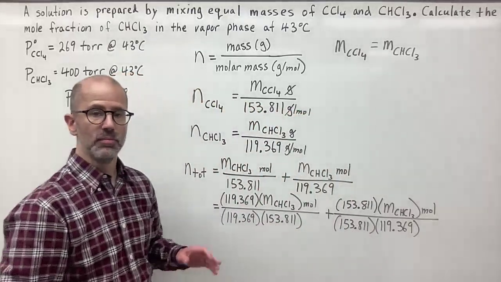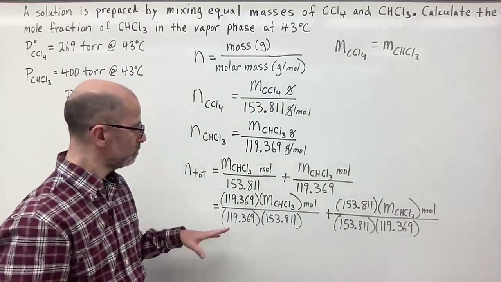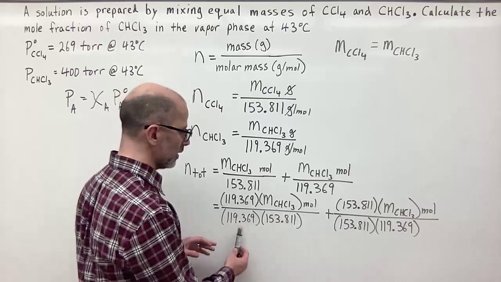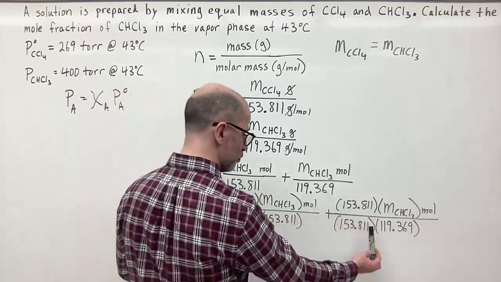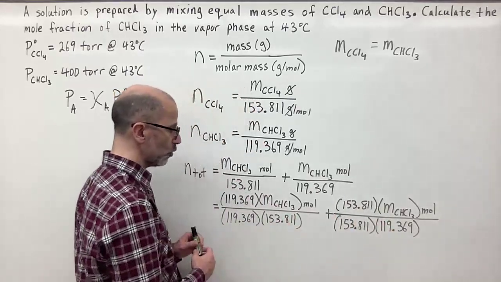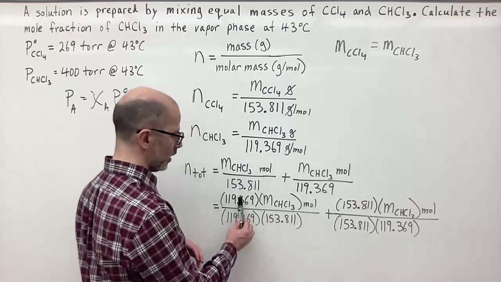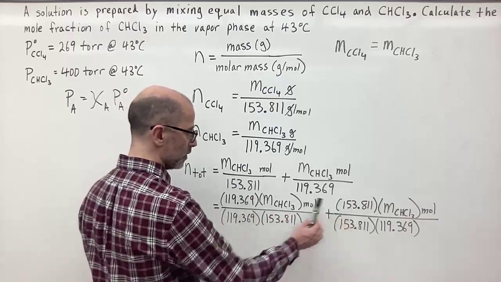Okay? So now all we need to do is multiply these together. We can add these together since we have the same denominator. We can go ahead and add these together, right?